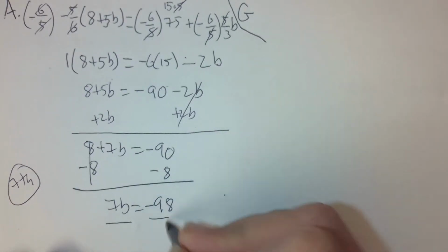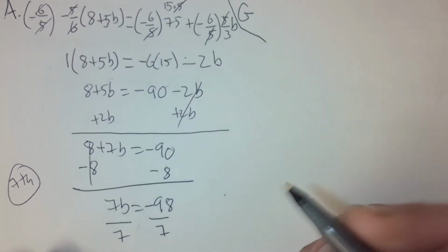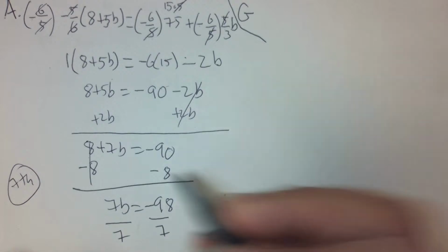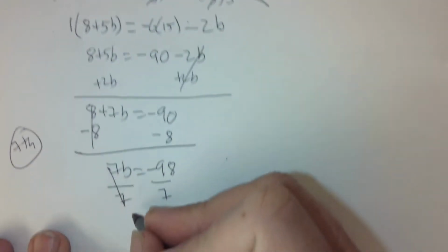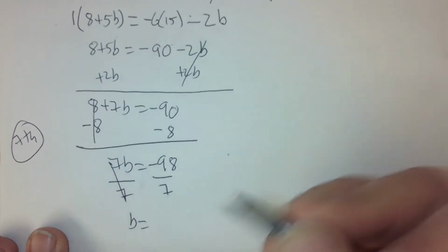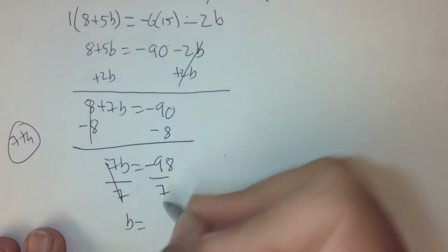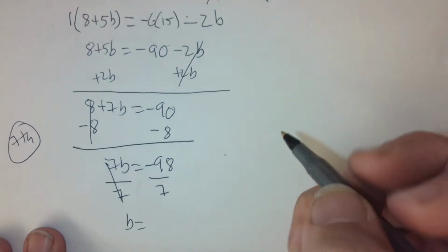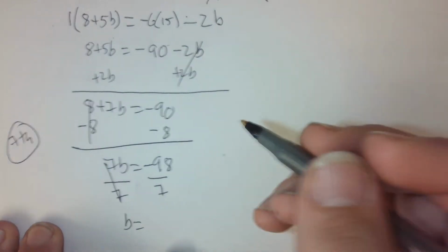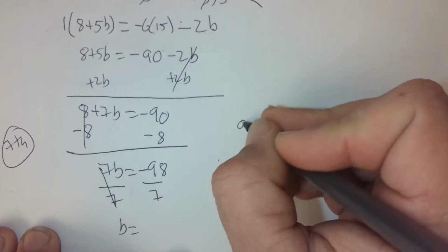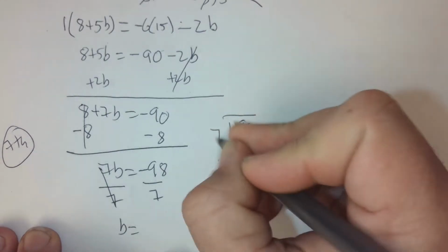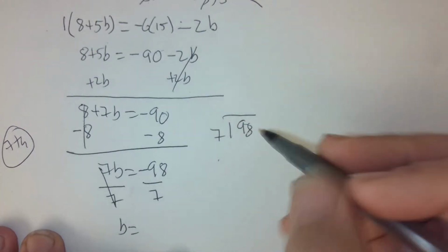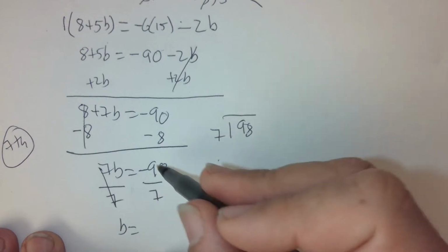Finally, divide by 7. Divide by 7. And this cancels, and I get my answer. b equals 98 divided by 7. Well, I'm trying to use my head. I know I can do division, 98 divided by 7. But look, let's think. I know 7 goes into 70.